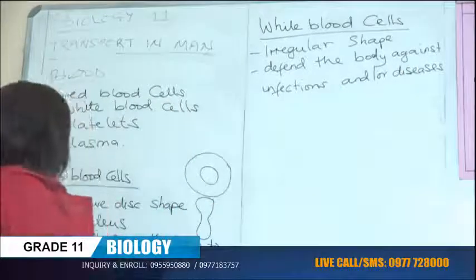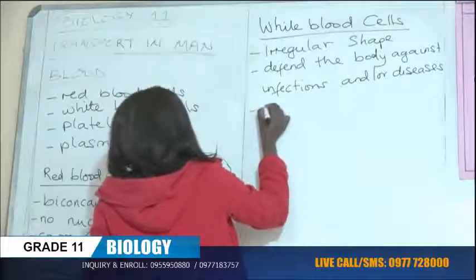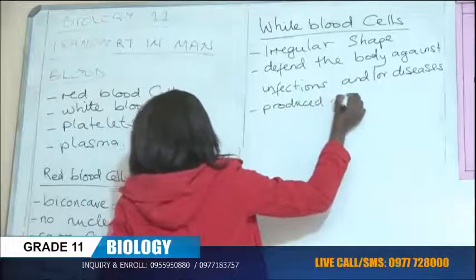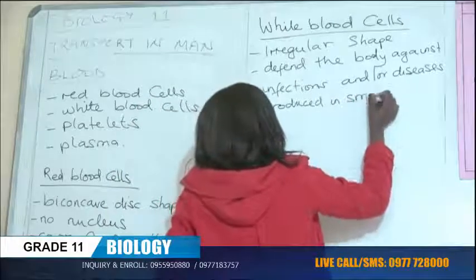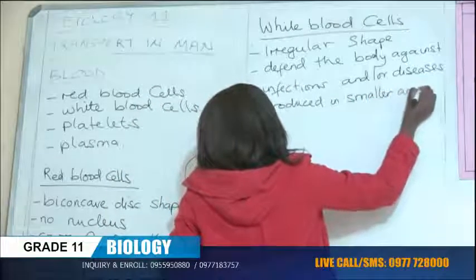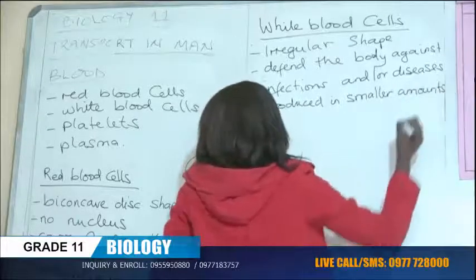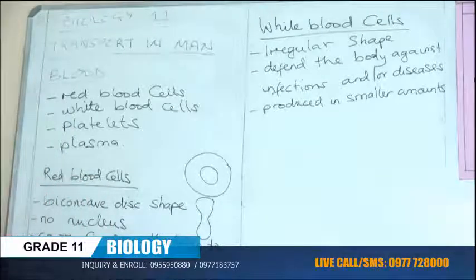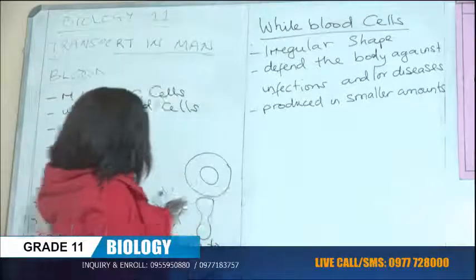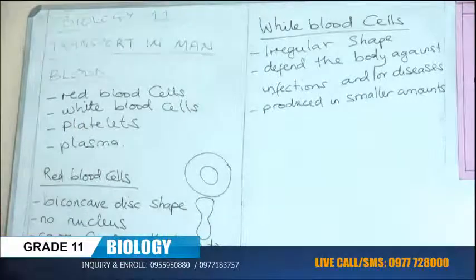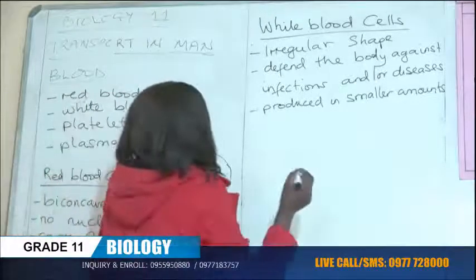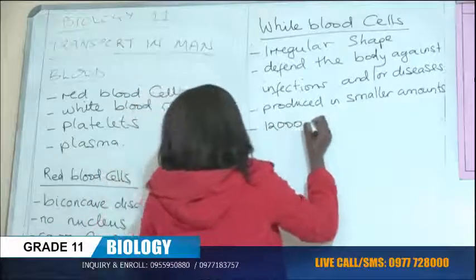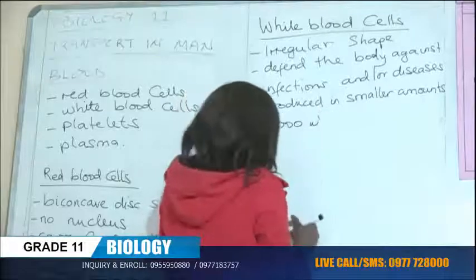Okay, they are produced in smaller quantities compared to red blood cells. Meaning that if there are 5 to 6 million in a milliliter of blood, we only find about 12,000 white blood cells in a milliliter of blood.